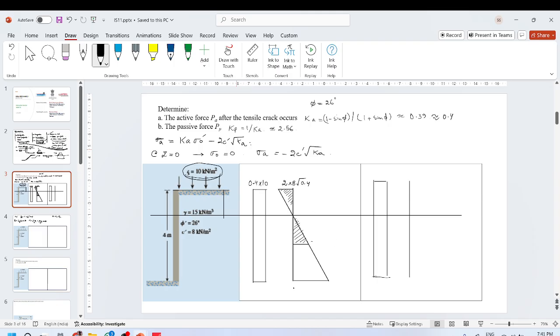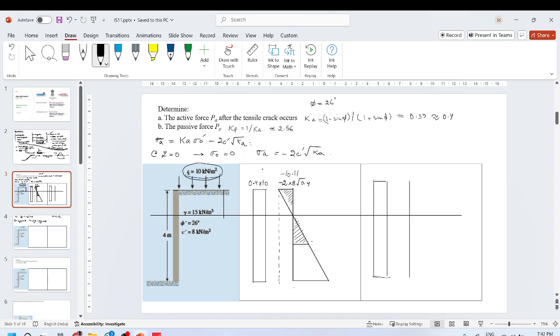Here we will have, what will be this? 10.11, madam. Okay. Negative value is 10.11.